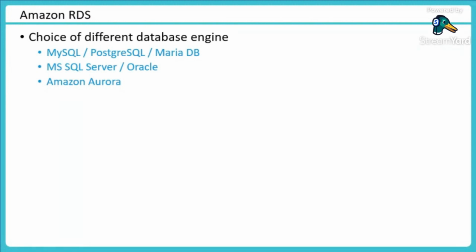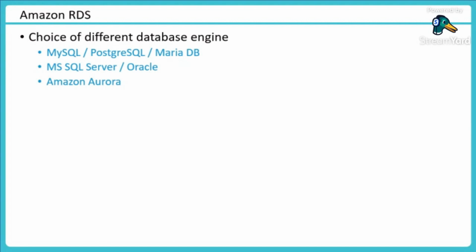So open source, enterprise, and Amazon's own. MySQL, Postgres, MariaDB are open source. Is it ACID and non-ACID? No, everyone is ACID here. We are talking about RDS, which is all relational and ACID compliant. Yes, this is a license grouping. MySQL, Postgres, and MariaDB are open source. Microsoft SQL and Oracle are commercial, and Amazon Aurora is Amazon's own proprietary database.